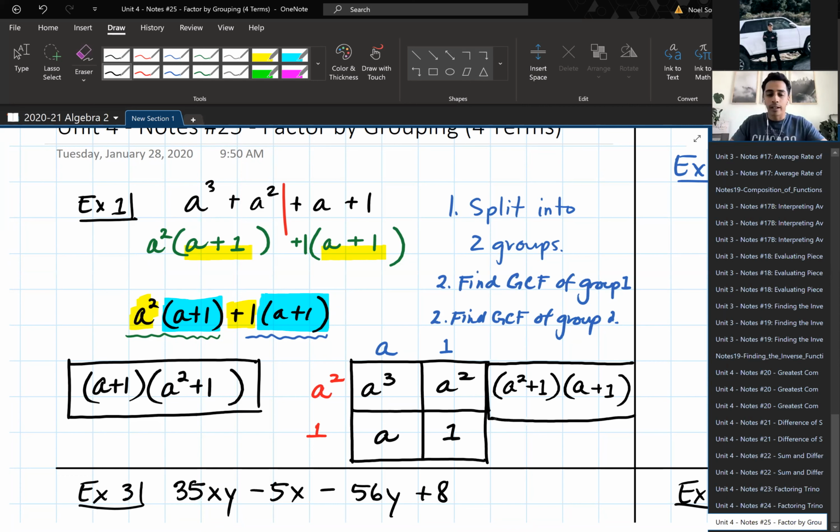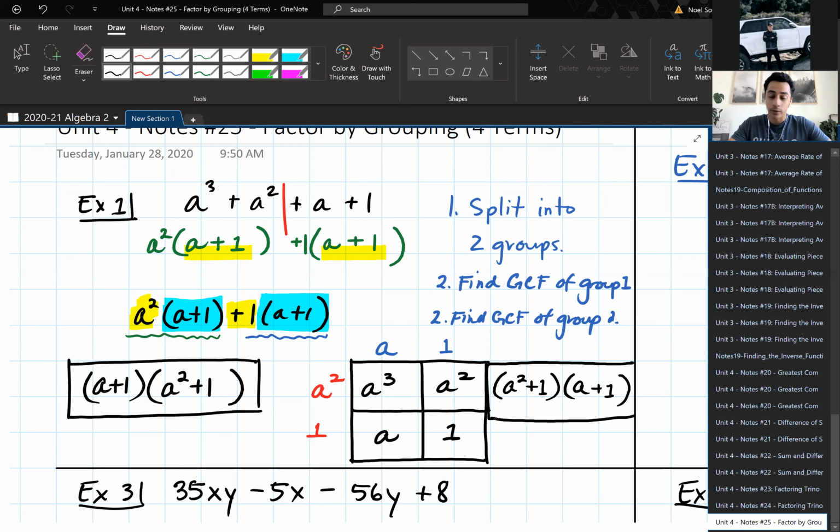If we were multiplying a to the third times a squared times a, then you could add the powers and get a to the 6th. But when you're adding, you have to collect like terms, and they're not like terms if the powers don't match. So there's a reason why it's shown as 4 separate terms. I hope that answers your question.